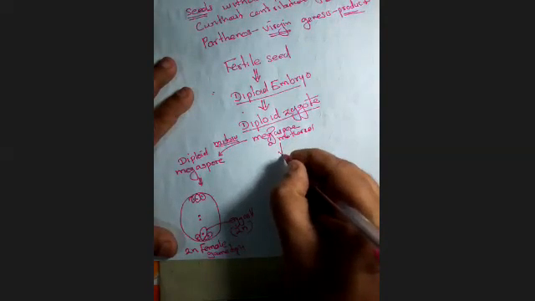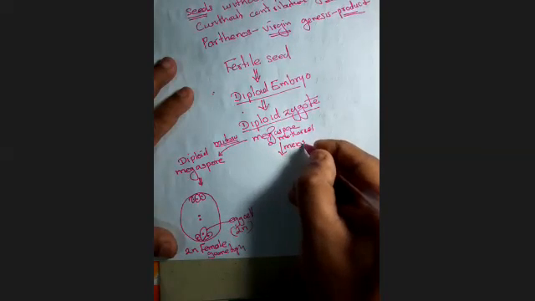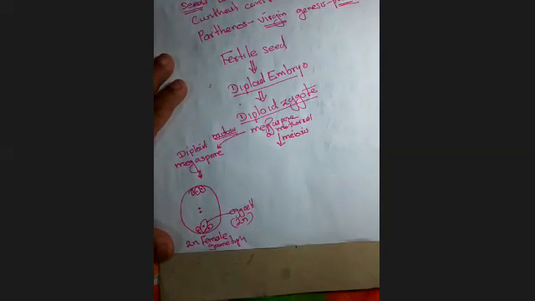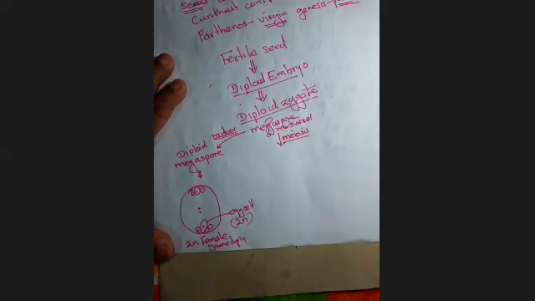Another choice is, in the megaspore mother cell, what is the division occurring? Meiosis. If meiosis occurs, what kind of megaspore will be formed? Haploid megaspore.